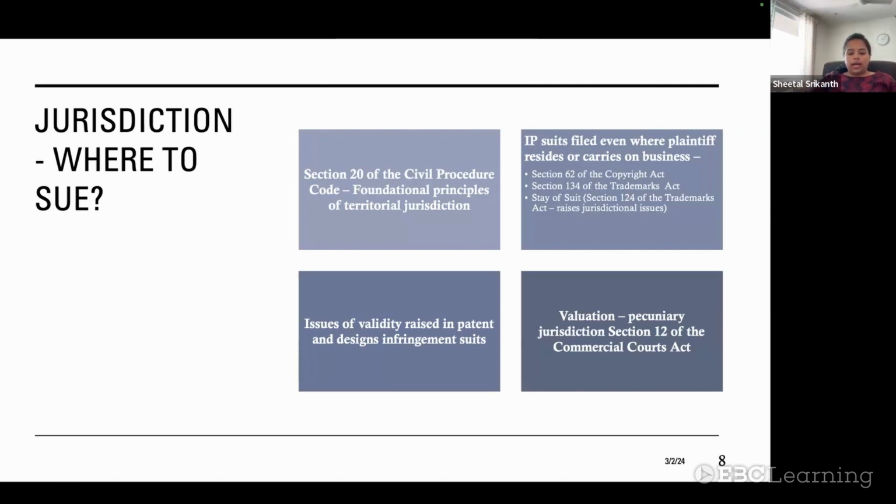Now, further to this, there is another added criteria under the Patents Act and the Designs Act. The Patents Act and the Designs Act as well, in section 22 and section 104 respectively, basically say that if I have a claim of infringement against you, one of the grounds that you can claim against me to say that there is no infringement of patent is that my patent is invalid to begin with.